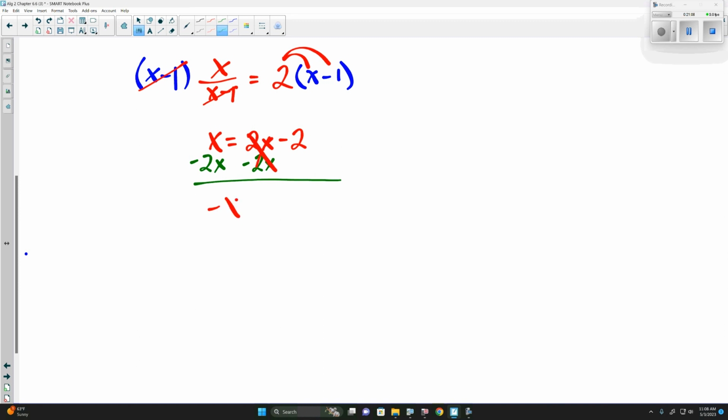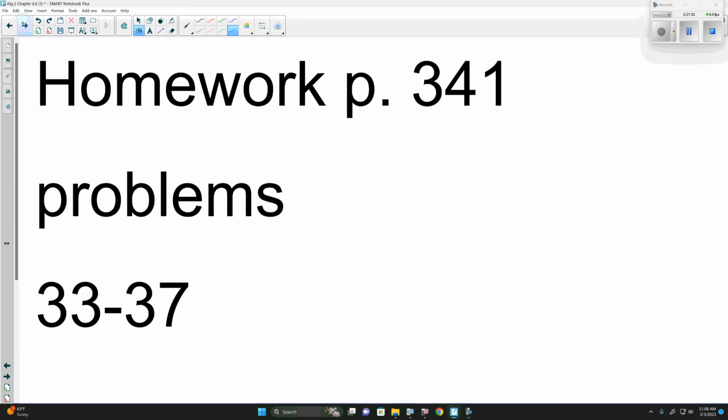So we get negative x is equal to, and again, at this point, we could plug it back in and check it, and this is the correct answer. Questions on any of this here? And that is it.